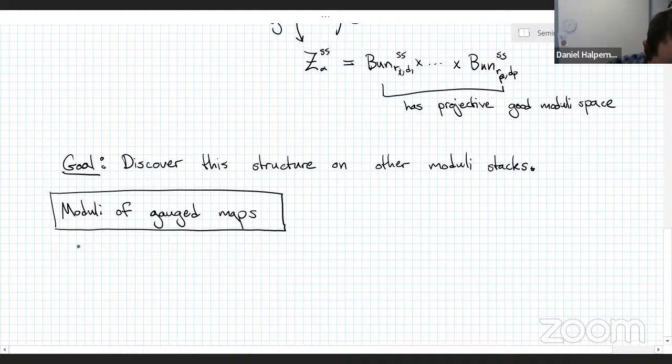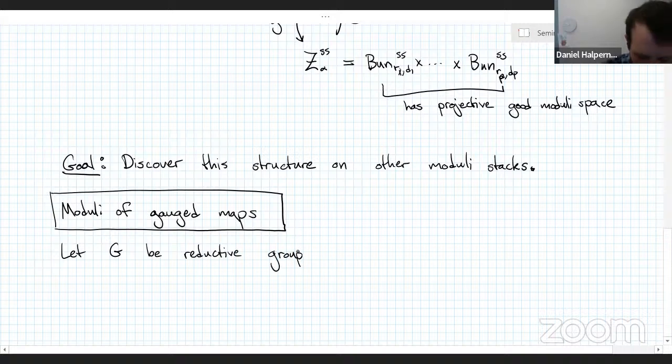Let G be a reductive group, and again, for simplicity, let X be a linear representation.